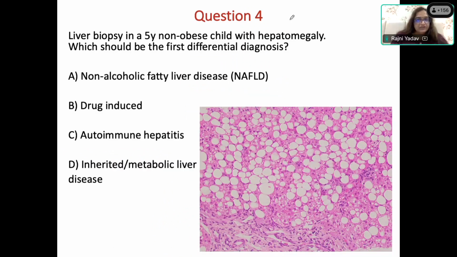So the last question: liver biopsy in a 5-year-old non-obese child with hepatomegaly. Which should be the first differential diagnosis? See, you have got a steatotic pattern. Non-alcoholic fatty liver disease, drug-induced, autoimmune hepatitis, or inherited metabolic liver disease?